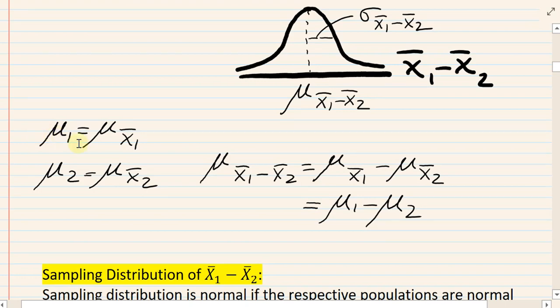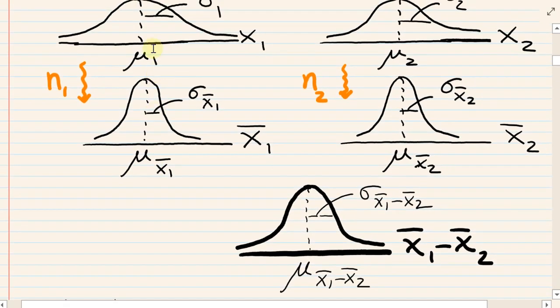So mu1 equals mu of x bar 1. What we're saying is that this mean is equal to this one. And the second mean of individual scores is equal to the mean of the sample means for the second population. These means are equal.